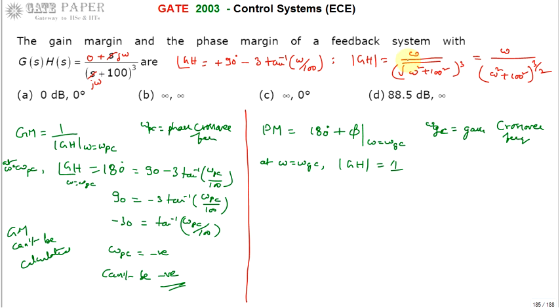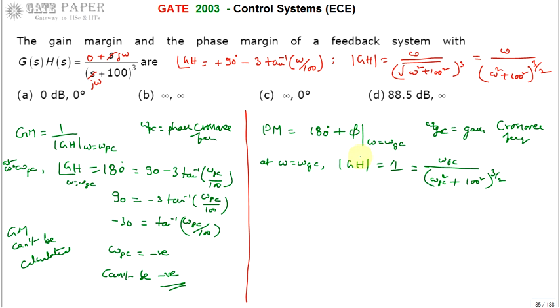Already we know the equation for magnitude. So simply replace omega with omega GC and equate that magnitude to 1. So omega GC divided by (omega GC square plus 100 square) to the power of 3 by 2.